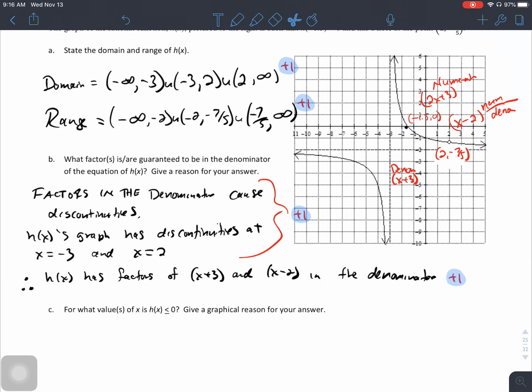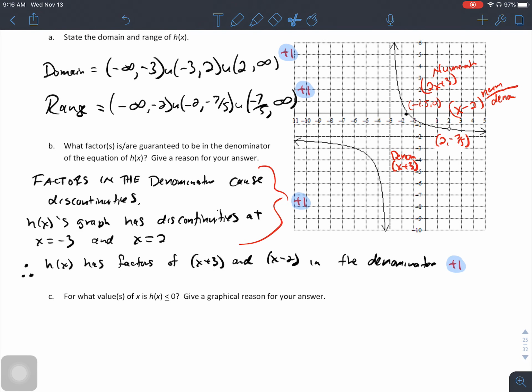All right, C. For what values of x is h of x less than or equal to 0? Give a graphical reason for your answer. Well, let me give the graphical reason first.